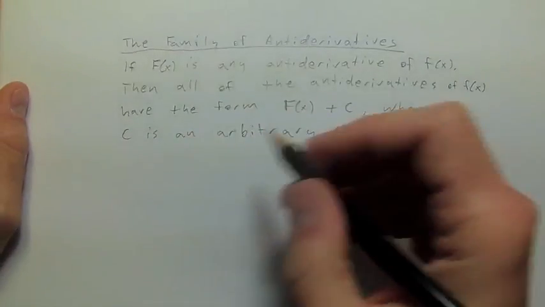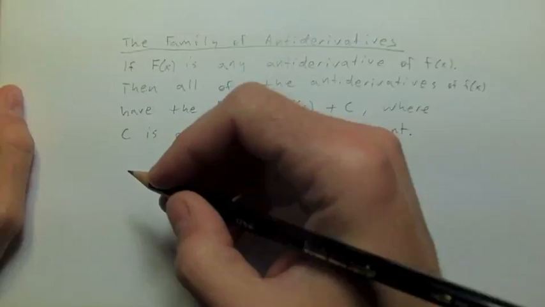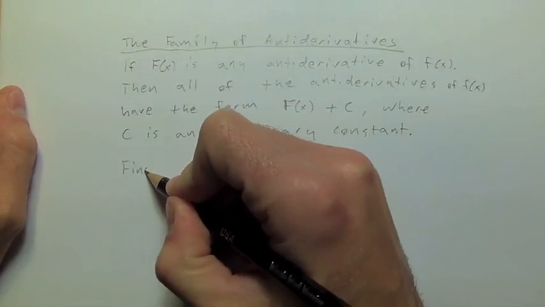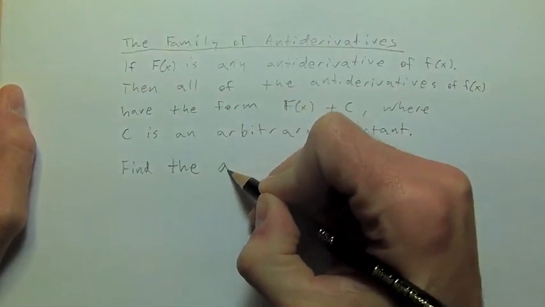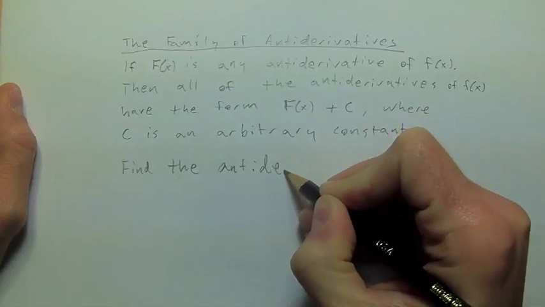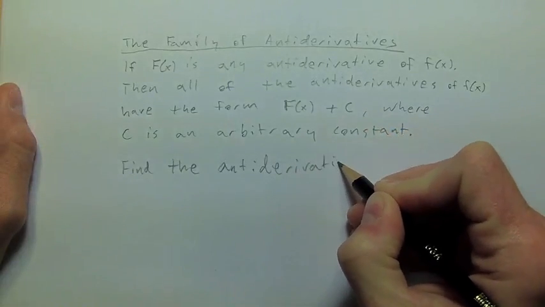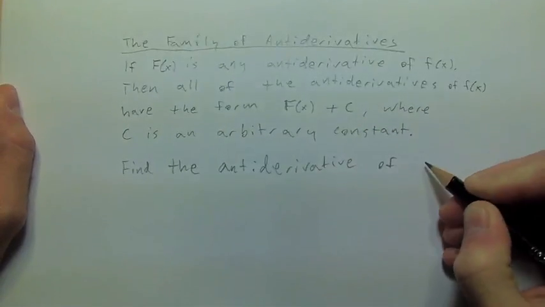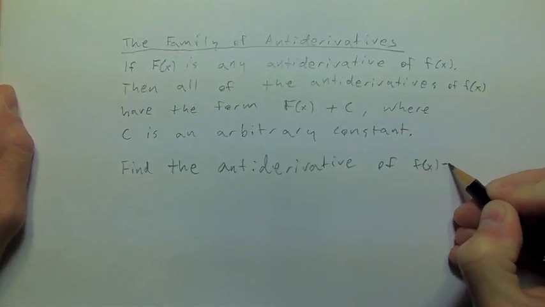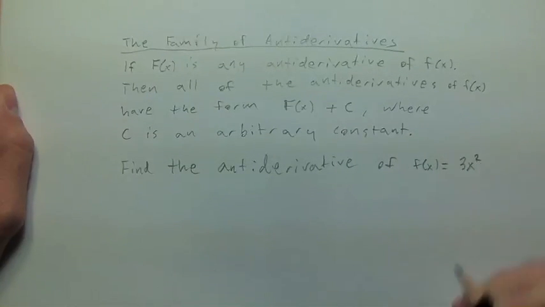So I like to call this the antiderivative. So find the antiderivative of, say, little f of x equals 3x squared.